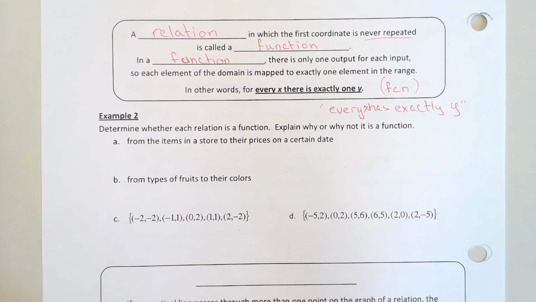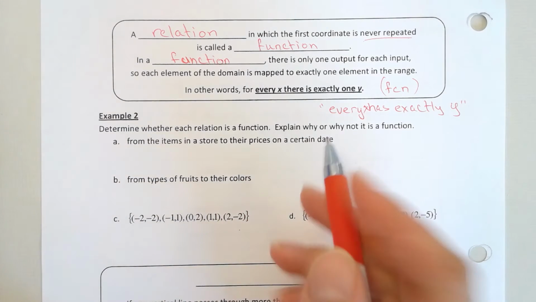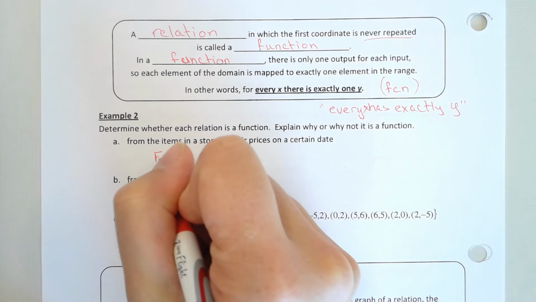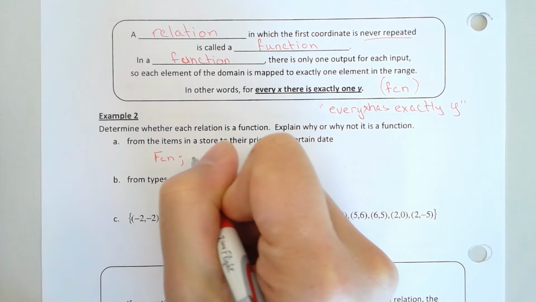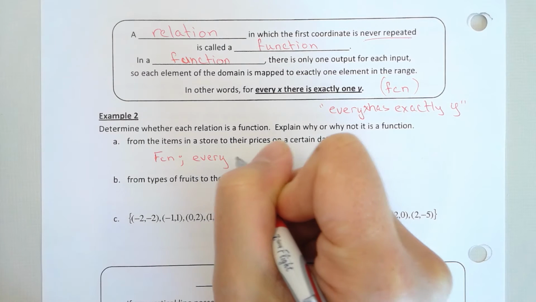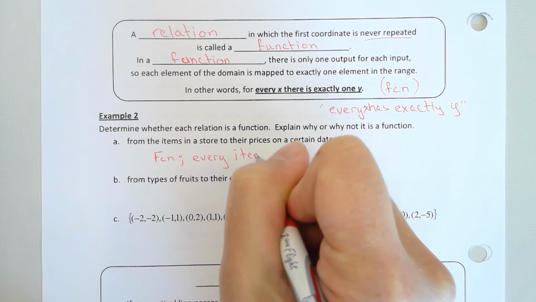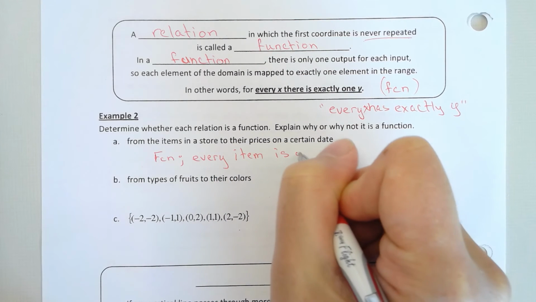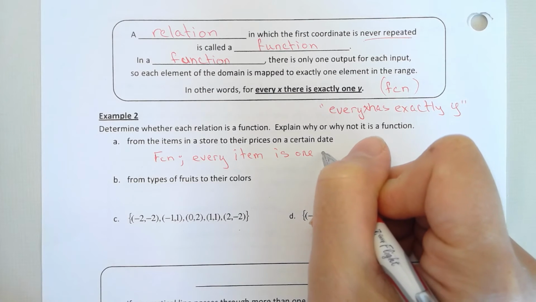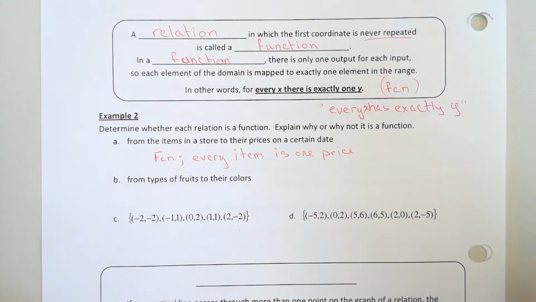So one item should have one price. We're not worried about sales or the next day when something goes on sale. We're talking about the same thing. So this would be considered a function because every item should have one price. So every item has exactly one price, and that makes it a function.